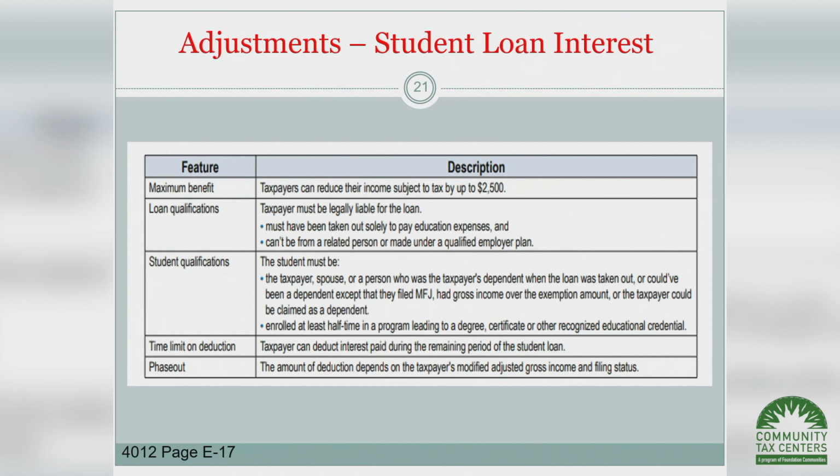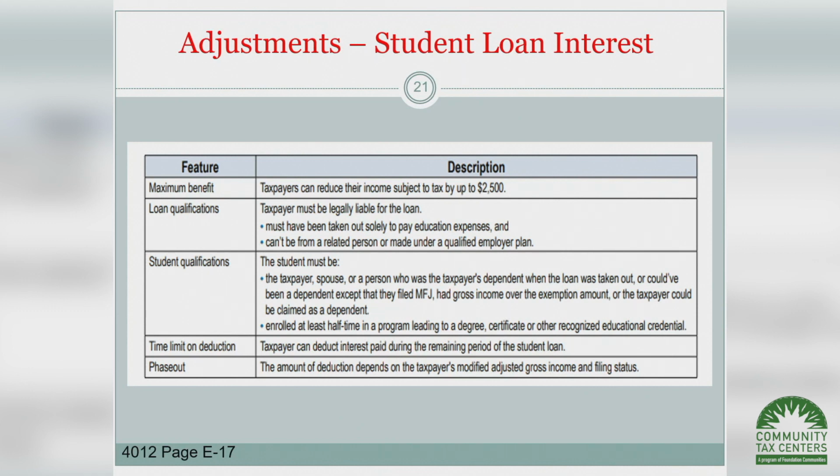But there are some qualifications. The taxpayer must be legally liable for the loan, it must have been taken out solely for educational expenses, and it can't be from a related person or made under a qualified employer plan.